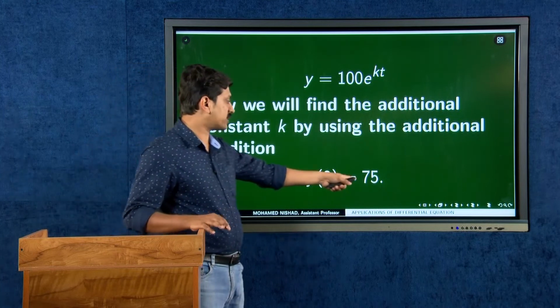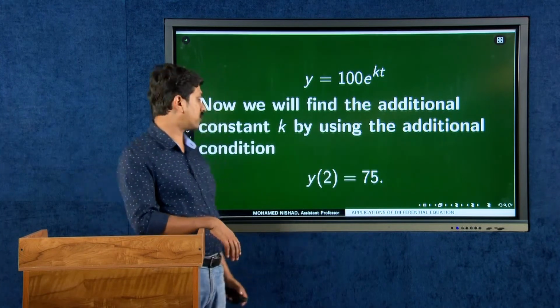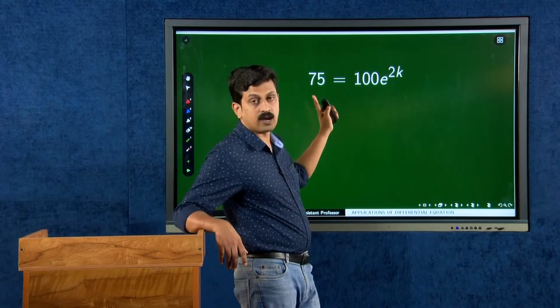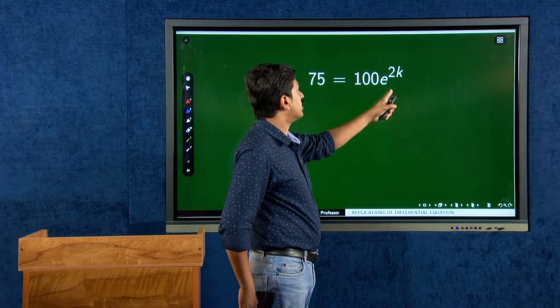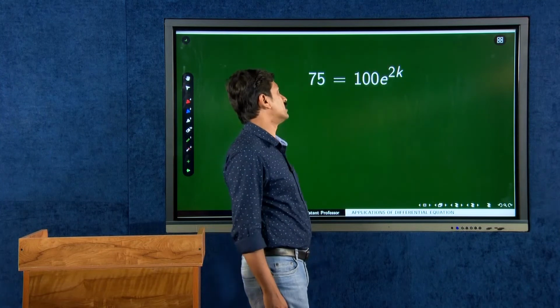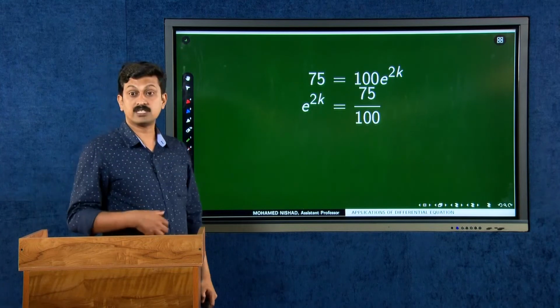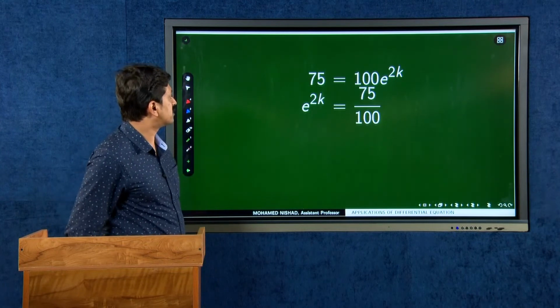y of 2 is equal to 75 milligram, since 25 milligram has decayed. Therefore, 75 is equal to 100 into e raised to 2k. So, here we will have e raised to 2k equal to 75 divided by 100.